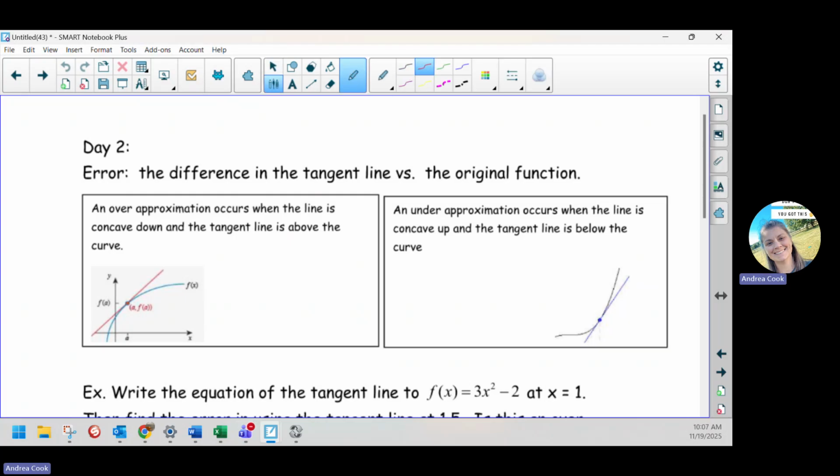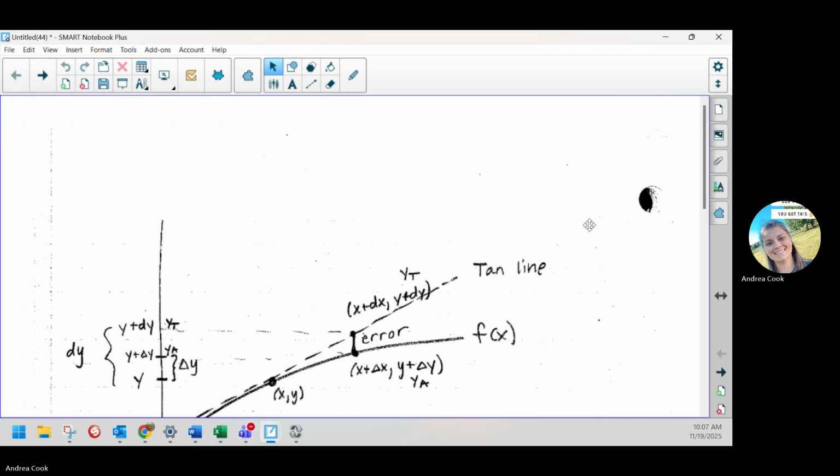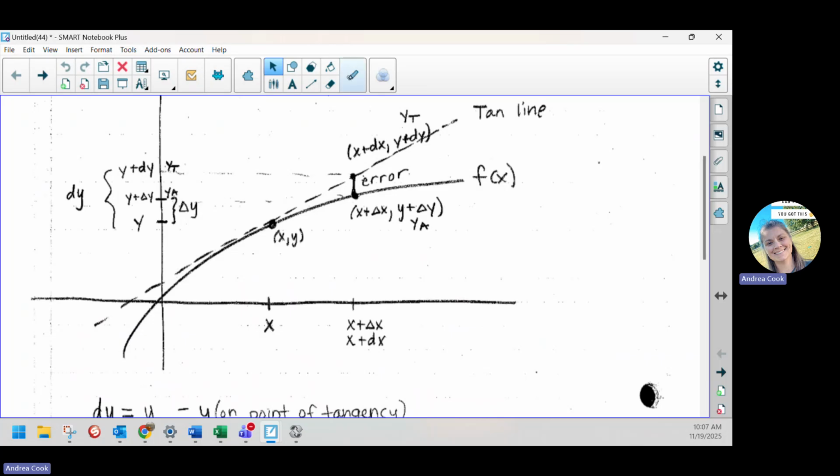I'm going to show you another picture here, which is also on Canvas. So right here, this yellow line is the original function, and the red line here is the tangent line.